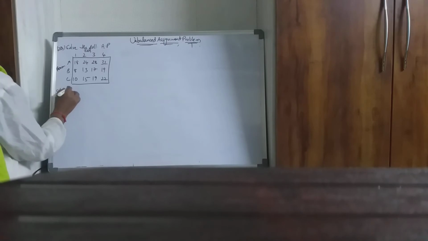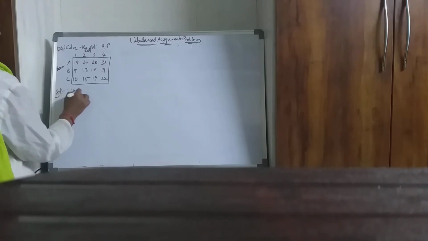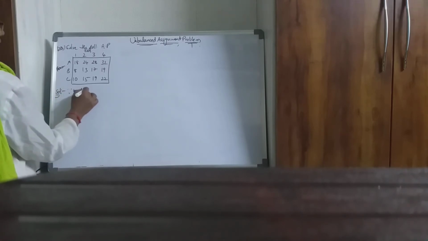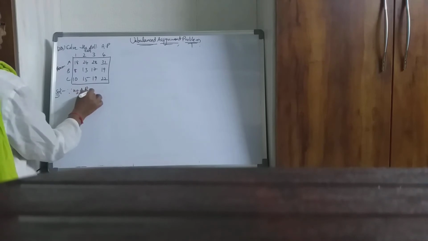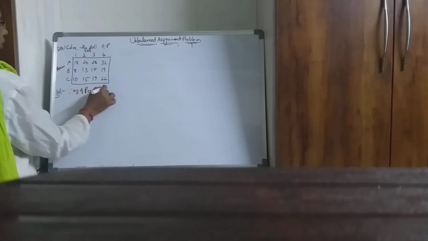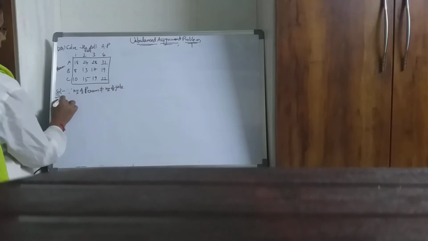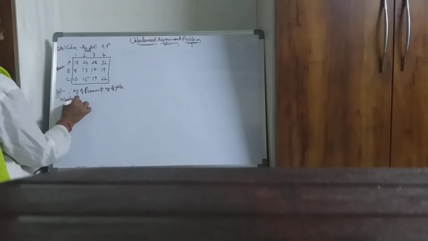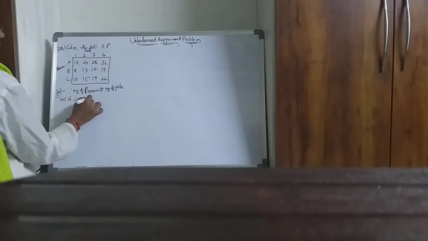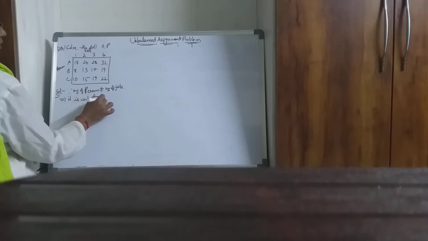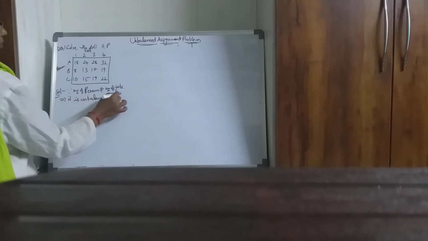So here, since number of persons is not equal to number of jobs, it implies it is an unbalanced assignment problem.